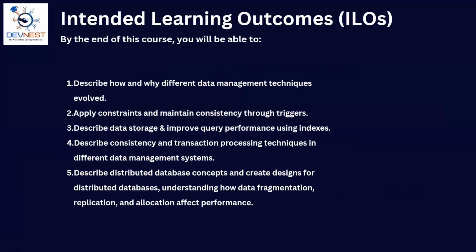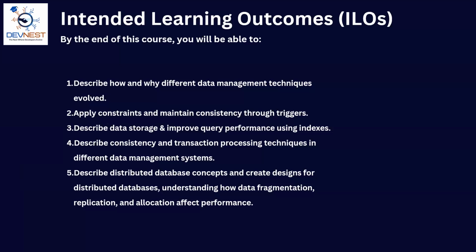here what we will cover in this course are the learning outcomes. By the end of this course, you will be able to describe how and why different data management techniques evolved. First of all, data management evolution.